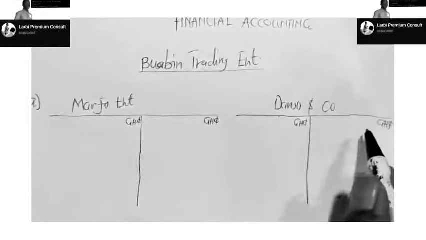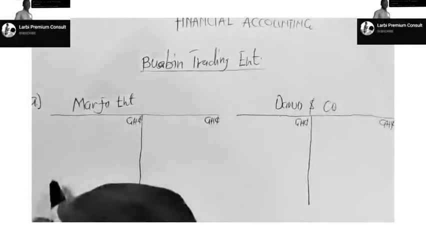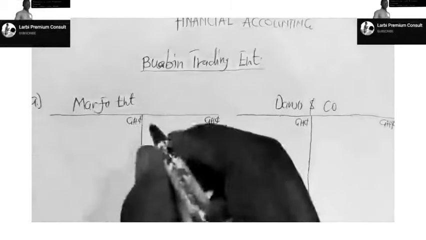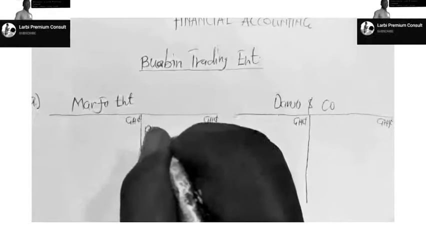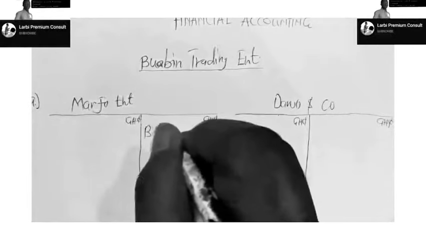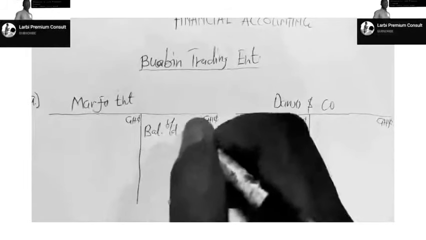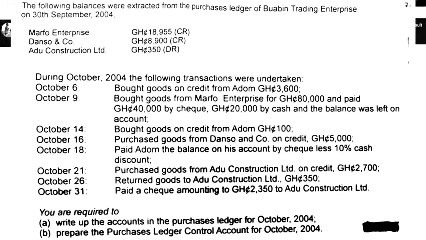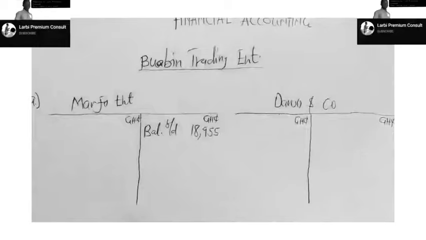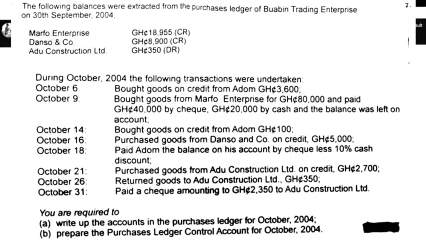So Marfo, we're going to have a balance brought down of 18,955. Then let's also record Danso and Co. That one's also a credit, so you're going to have that one here.